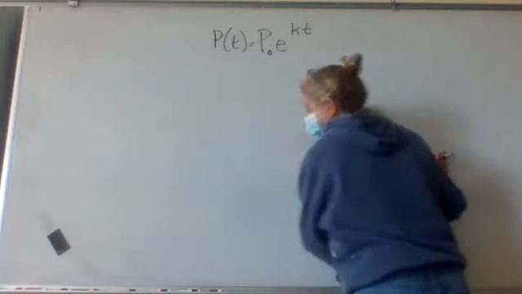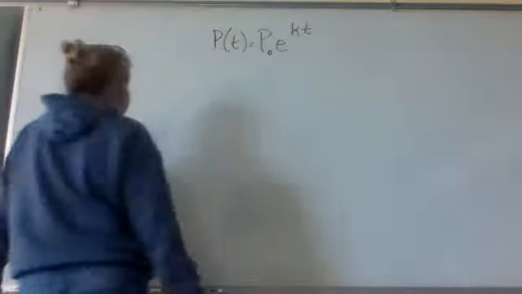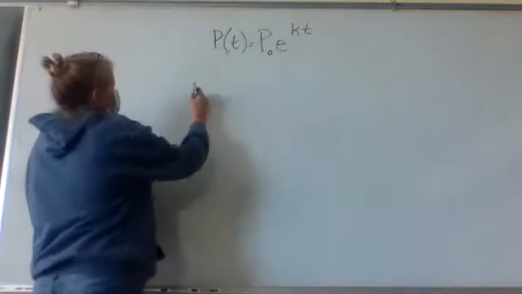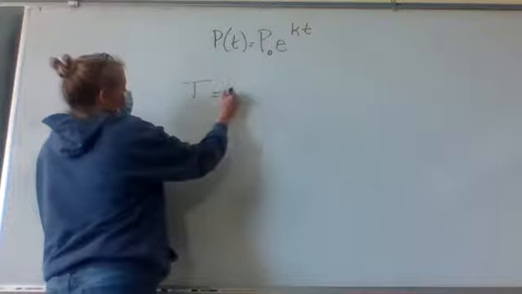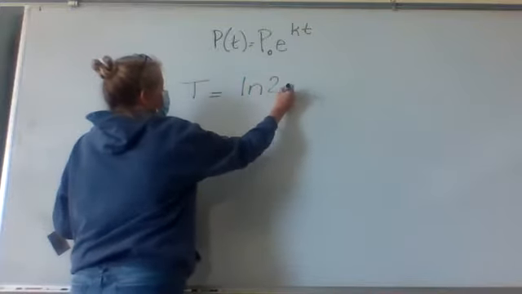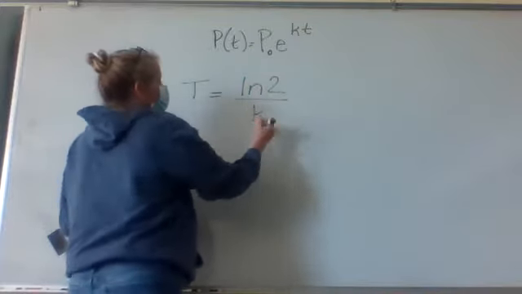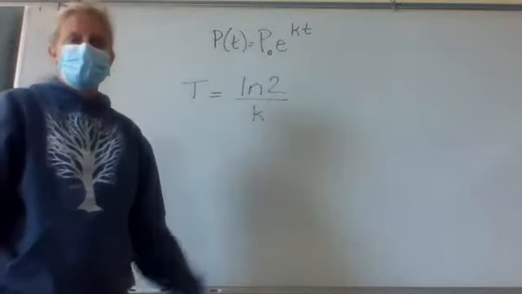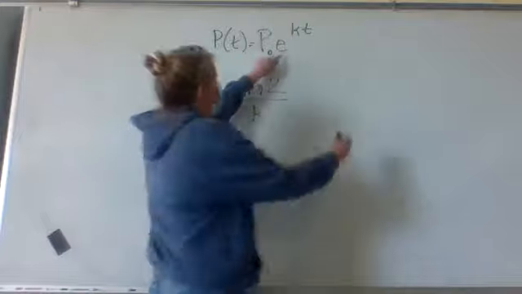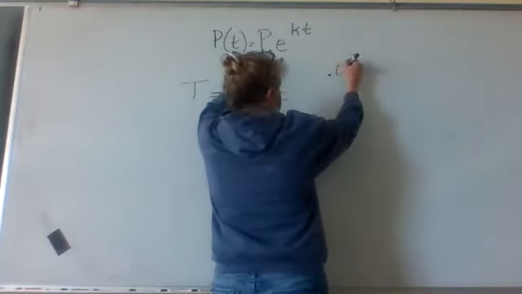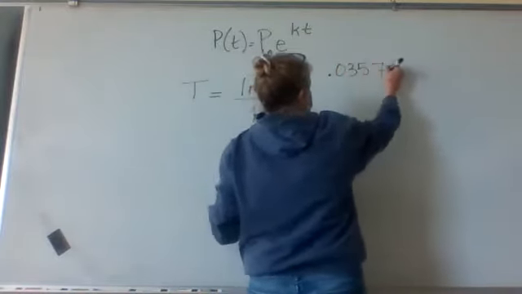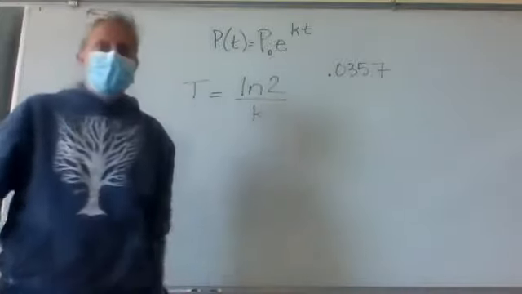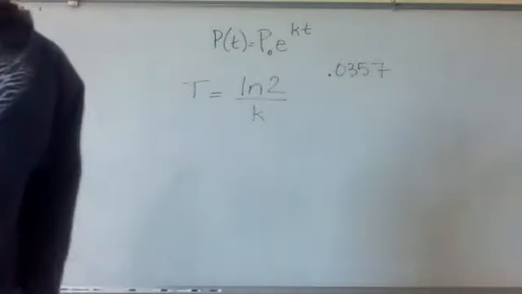Whether you're talking about population doubling or your money doubling or anything doubling, T, that's going to be the doubling time, is going to be equal to ln2 over whatever the rate is. So if you know the rate at something is growing, which we do on this one, right? Remember it was 0.0357. We're still on the same problem, so it's still the same rate it told me in the very beginning.